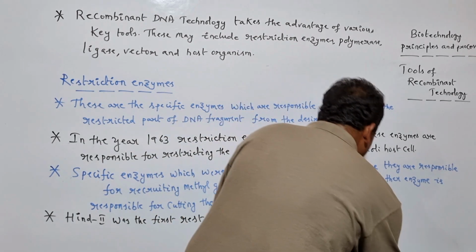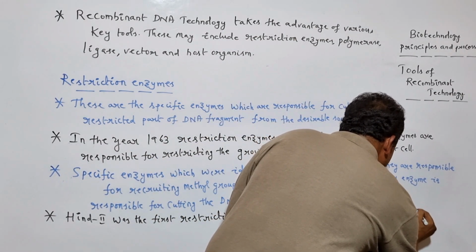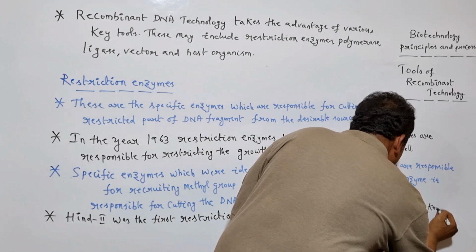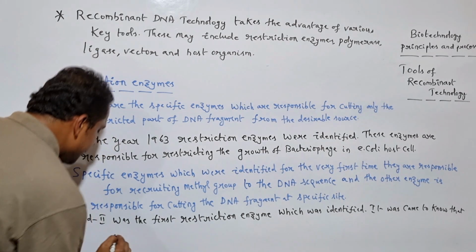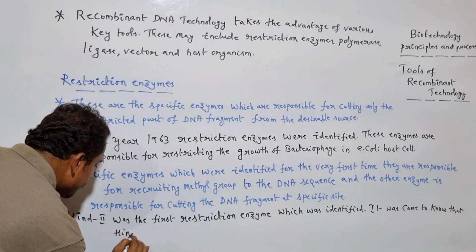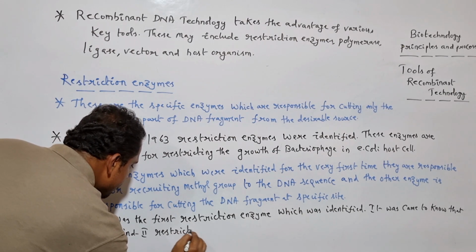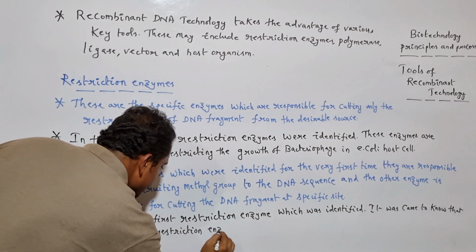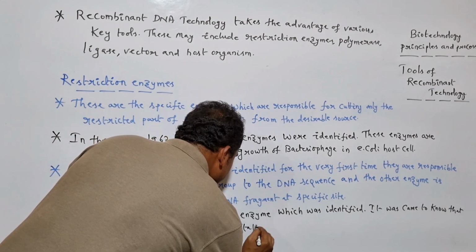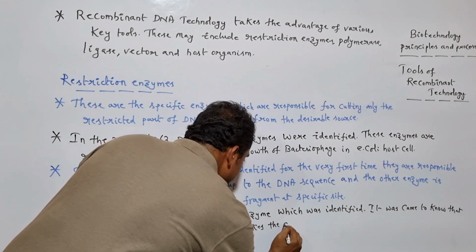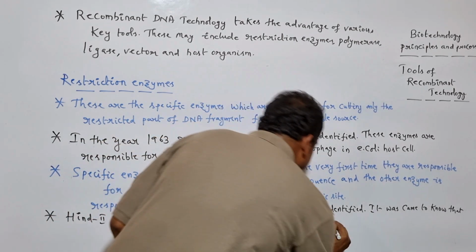And it came to be known that the HindII restriction enzyme takes the advantage of a 6 base pair sequence.